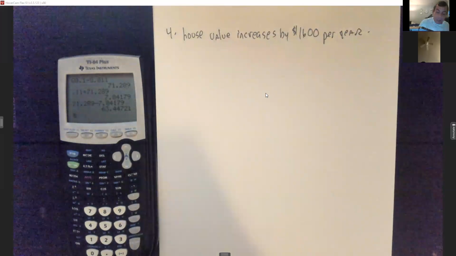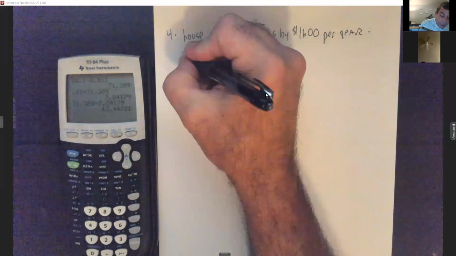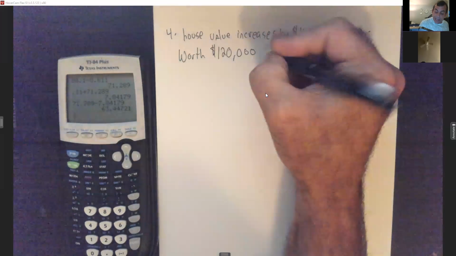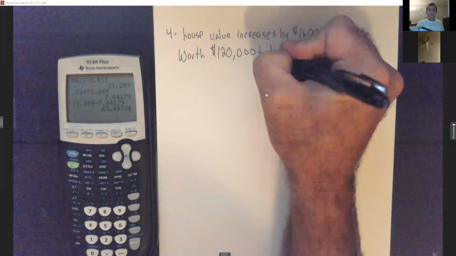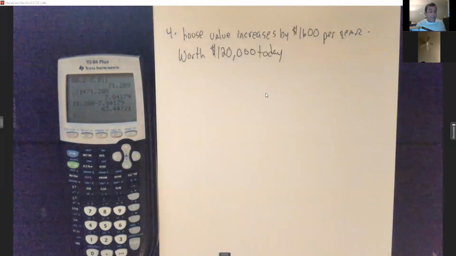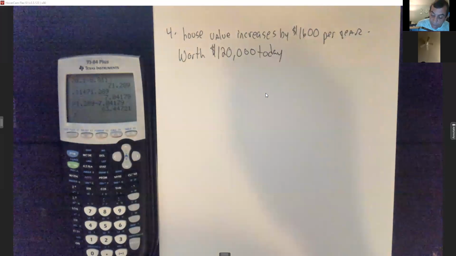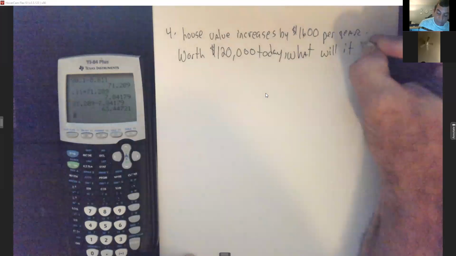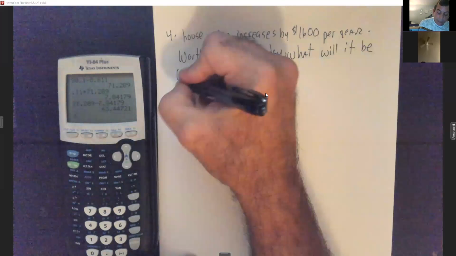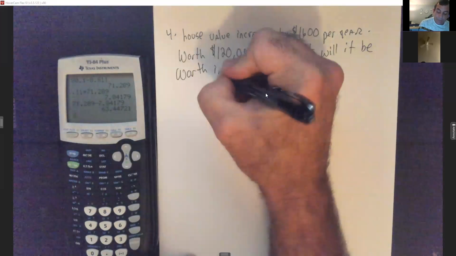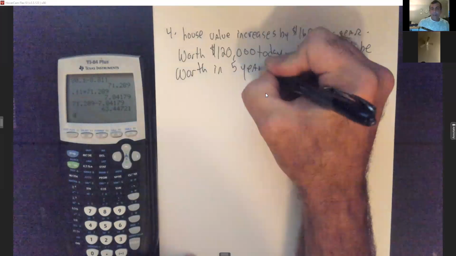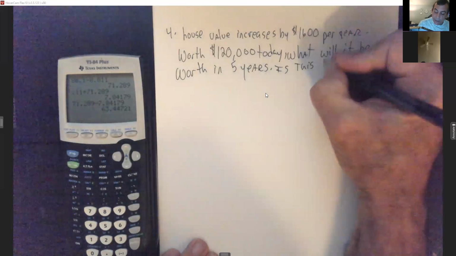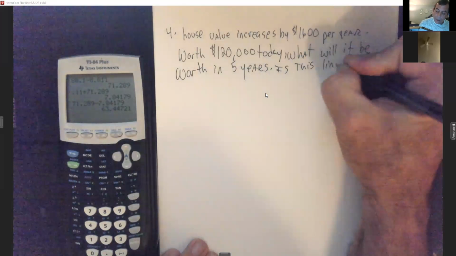If it is worth 120,000 today, so worth 120,000 today, what will it be worth in 5 years? What will it be worth in 5 years? So, and then is this linear or exponential?